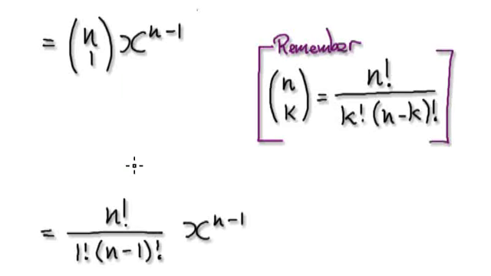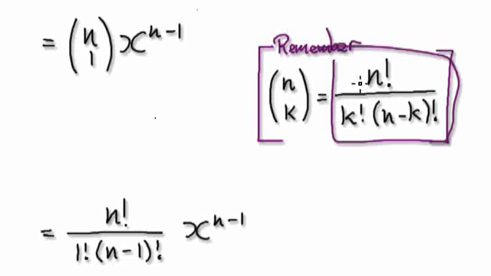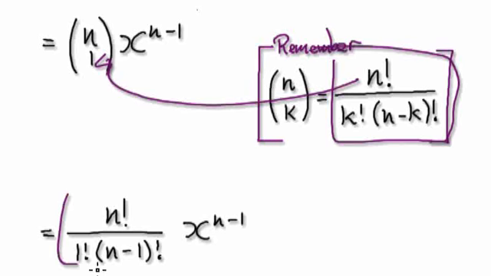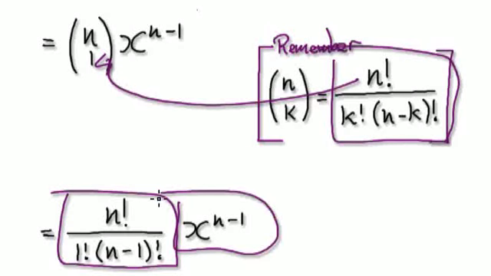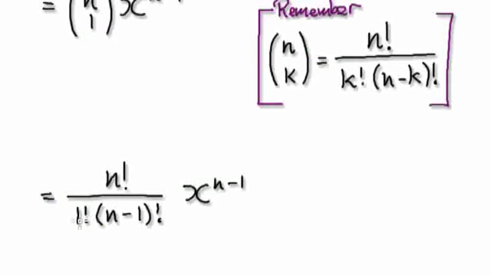So remember, this n here is this here, and then 1 here would be your k here. So basically, we are going to put this thing here into this thing here. So it basically becomes this times this here. And 1 factorial is really 1, so we can pretty much forget about this.